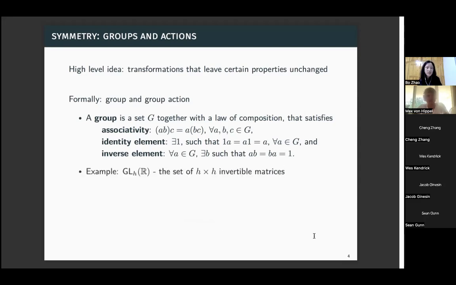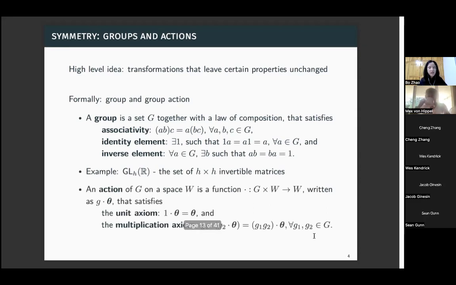A recurring example in our paper is the general linear group, which is denoted as GL_h. It's the set of h by h invertible matrices with real entries. So here the composition is the matrix multiplication, which is clearly associative. And the identity element is the identity matrix, and the inverse is just the inverse of matrices.